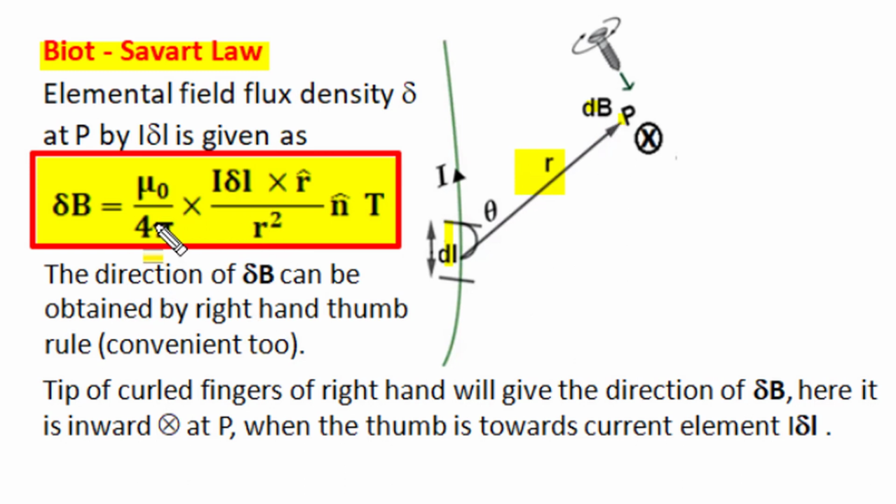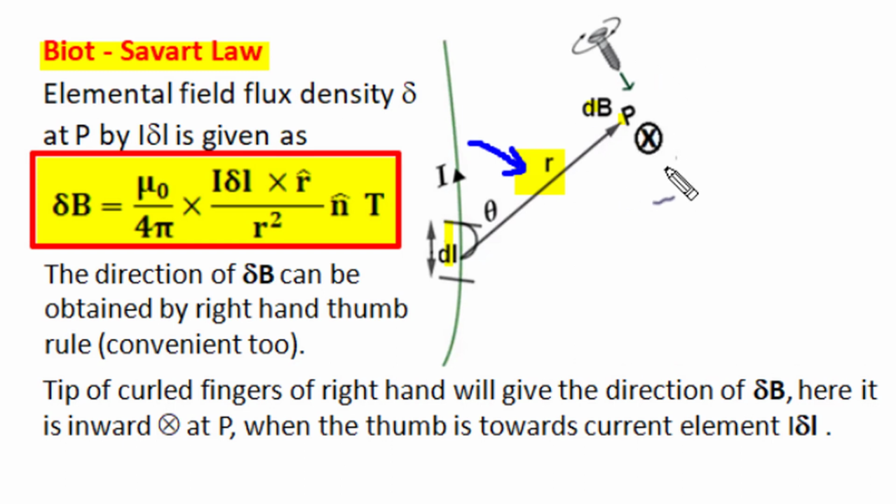The proportionality constant is mu 0 upon 4 pi, and the direction is given by the corkscrew rule. When we rotate a screw in a cork from the first vector, the current element, to the position vector through the smaller angle in clockwise direction, the screw goes inside the cork, so the magnetic field is directed vertically downward.